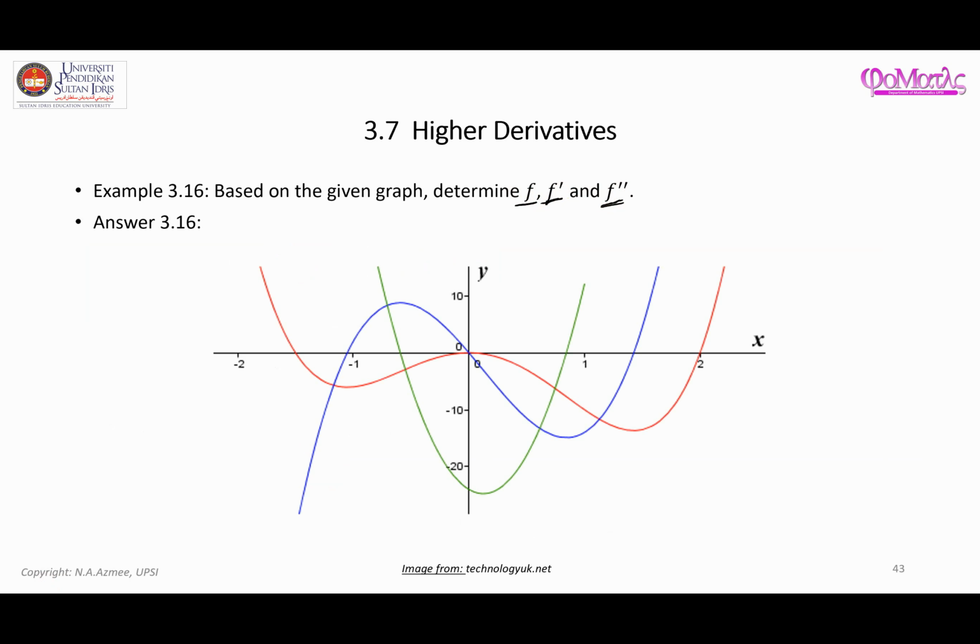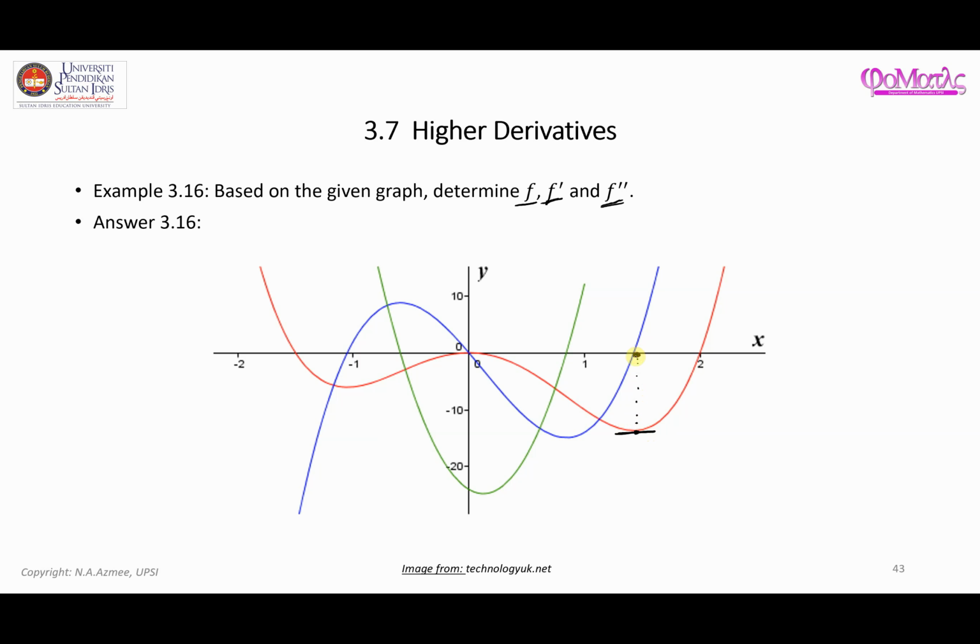Alright, so I think the best starting point is for us to try and determine where is the horizontal tangent. So for example, if I look at this function here, I know that the horizontal tangent is going to be somewhere here. So I know that the slope here is going to be 0, and I expect at this point I will get 0 value.